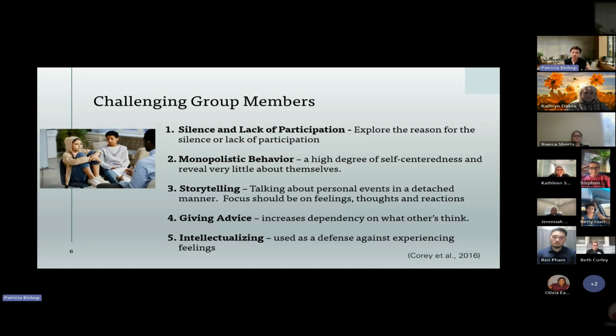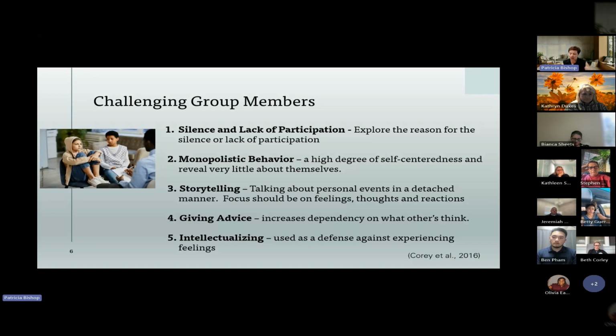Storytelling. This is when a client is talking about a situation and not necessarily about themselves in that situation. And so the focus is on the events, and not necessarily the cognition or the rationale behind the behaviors.